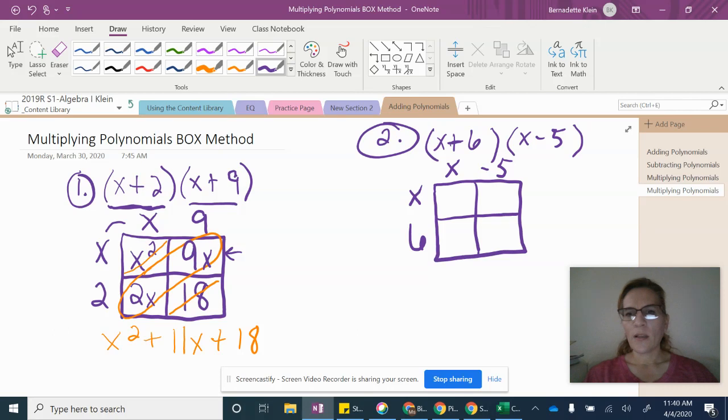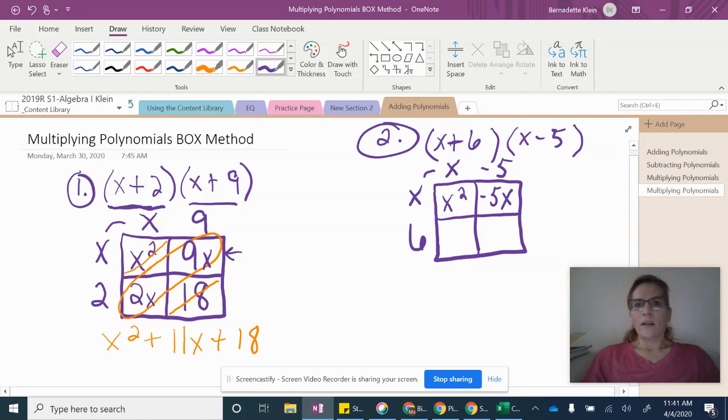Now we've got to do the inside. So you multiply everything on the outside. So x times x in this first square is x squared. And then the box to the side is x and -5. That's -5x.